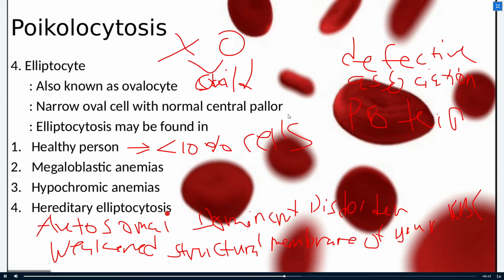Your hereditary elliptocytosis is an autosomal dominant disorder caused by weakened structural membrane of your RBC due to defective association of proteins. This defective association of your proteins is known as horizontal effect.